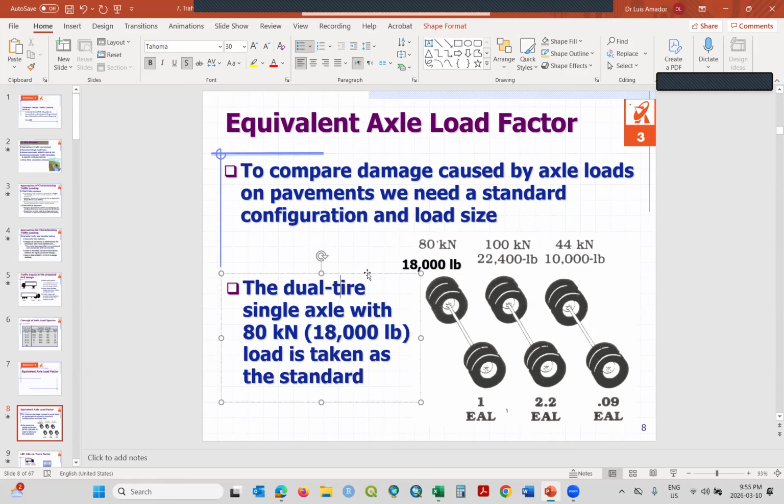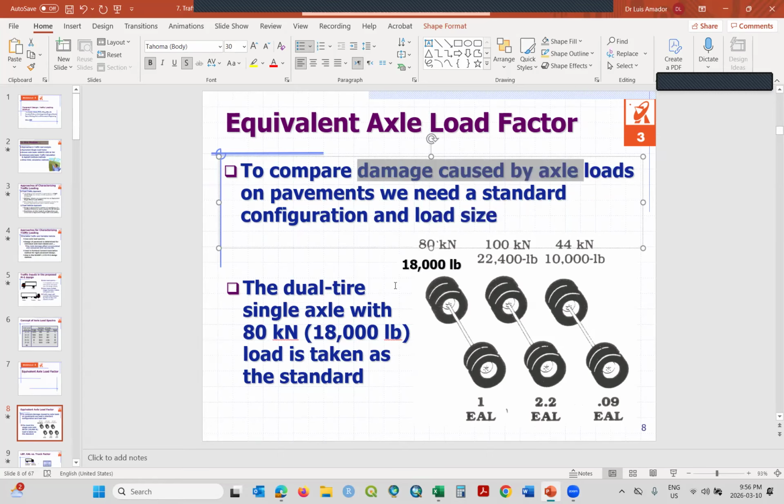It is not like if you have 36,000 pounds, you will have twice as much damage as this axle. In reality, the relationship between the damage that is caused by the axle and the load on the axle is nonlinear.